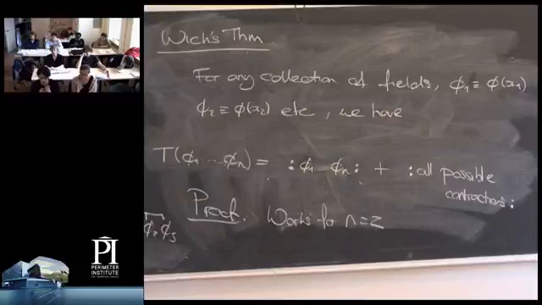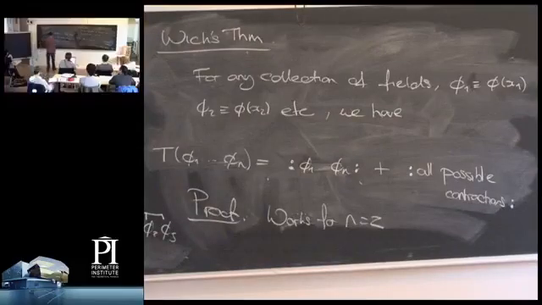And if phi x1 and phi x2 are swapped, then we want to say that the contraction will also be equal to that. Let me try to see what you're saying.